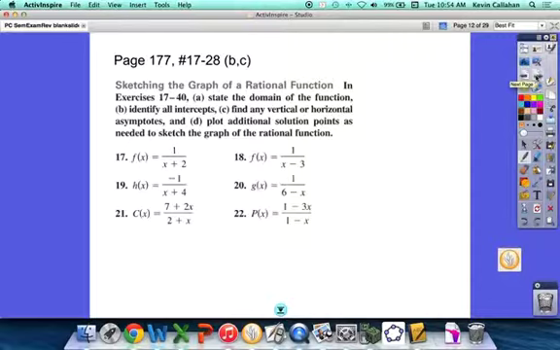How do you tell what the vertical asymptotes are? Like on this first one right here, where would we find a vertical asymptote? Rita? What'd you say? Whatever makes the denominator equal 0, right?